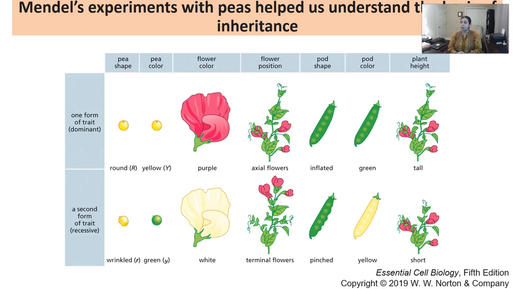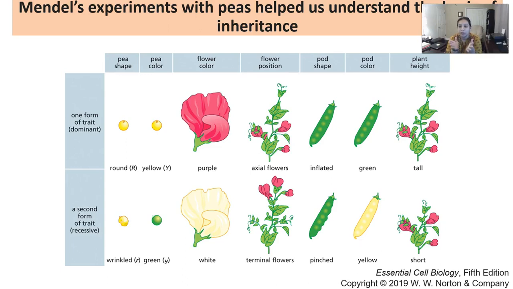So he was able to identify 7 traits where he had what he called true breeding lines of very concrete phenotypes or physical features that he could monitor. And he started looking at them through very controlled experimentation, where he crossed true breeding lines of one trait with the other and saw what he came up with in the resulting progeny.